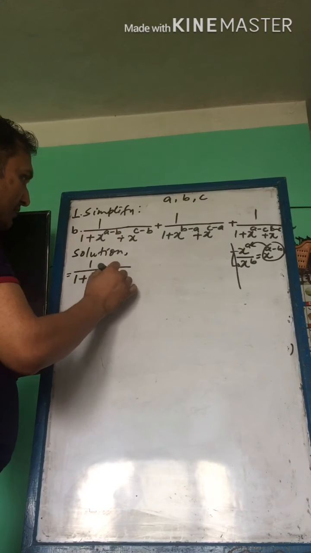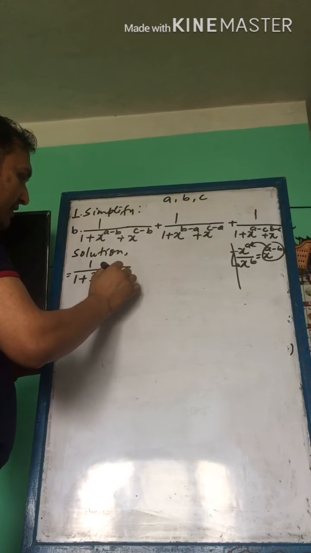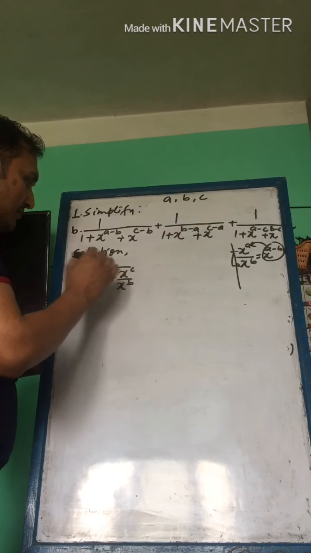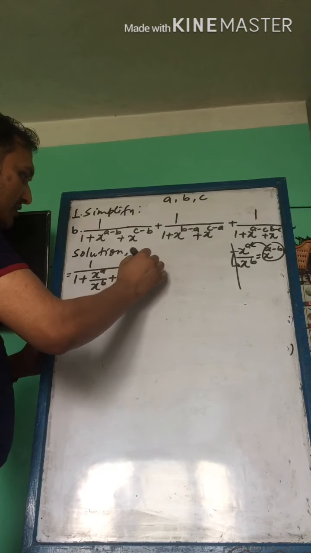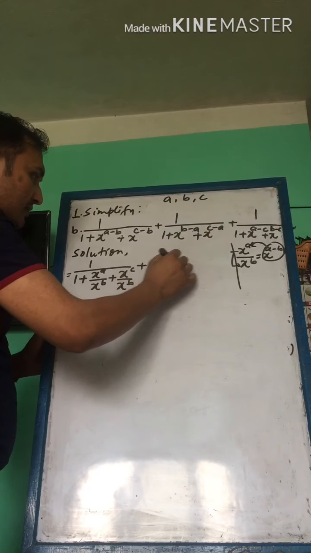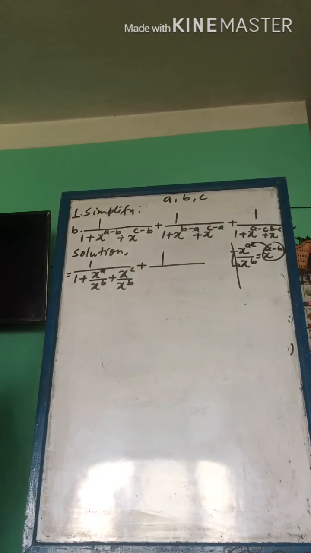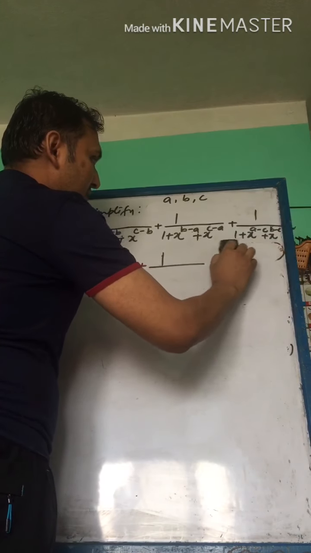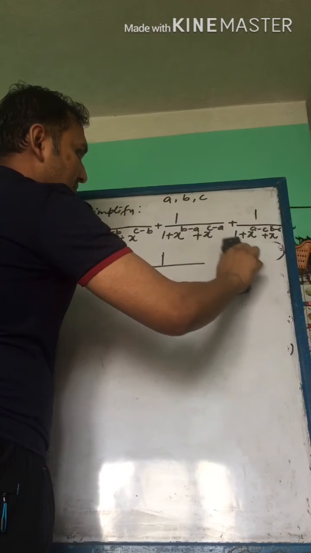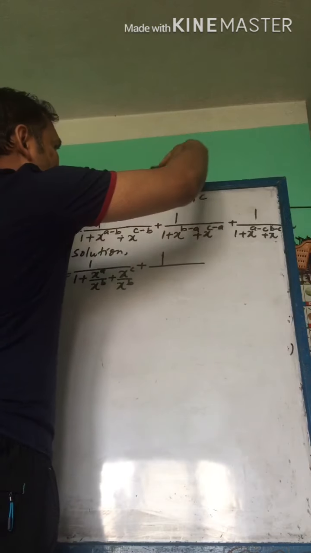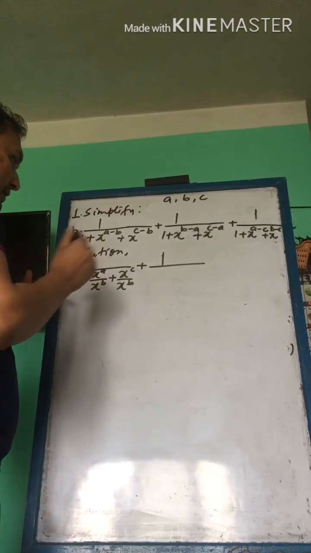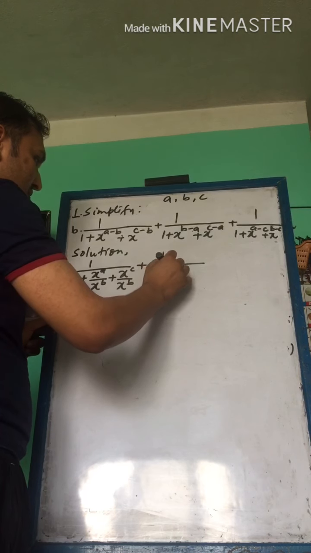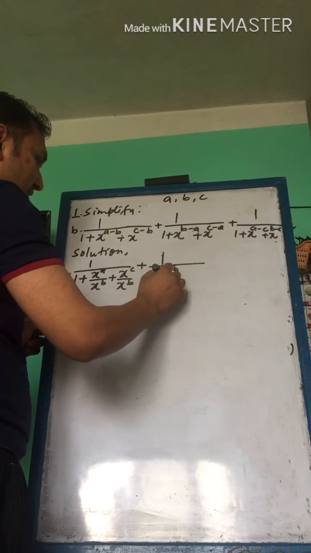After that, plus. Here also do the same. It can be written as x to the power c upon x to the power b. Plus 1 upon, here also do the same. Let me draw this. One plus x to the power b upon x to the power a.